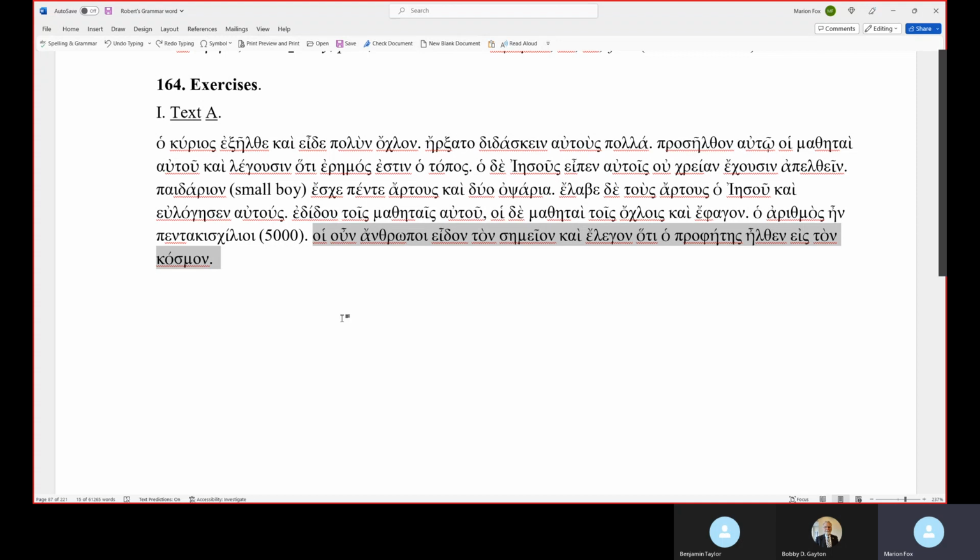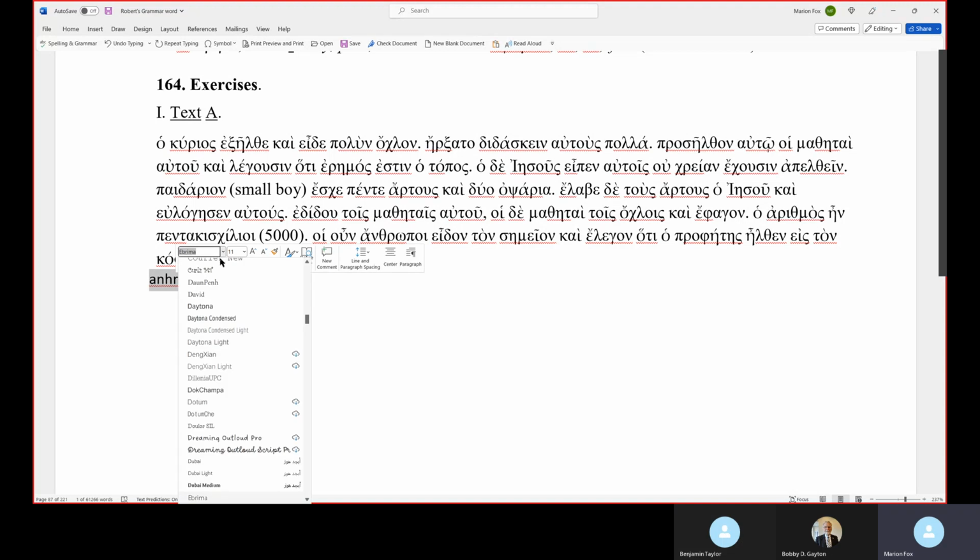Any question? Therefore, the men, and this is men. Usually it's masculine gender, of course, but it's used also generically for people. Aner would be a man versus a woman.